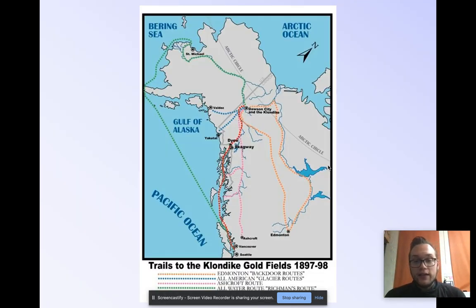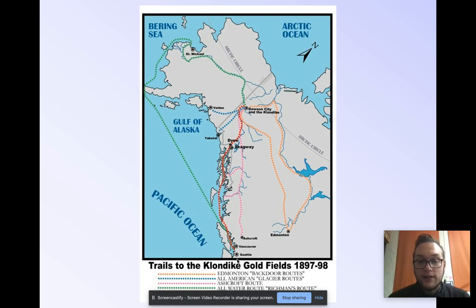So here is another map that I wanted to show you, and we're actually going to be ending here for today. This novel doesn't start out in the city of Seattle, which is right here at the very bottom of the map. Seattle, of course, is in the United States, but they do eventually get there.